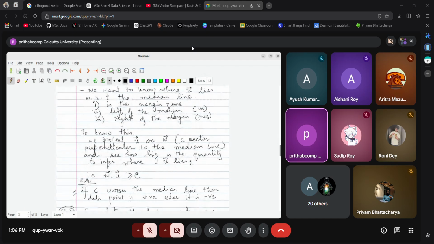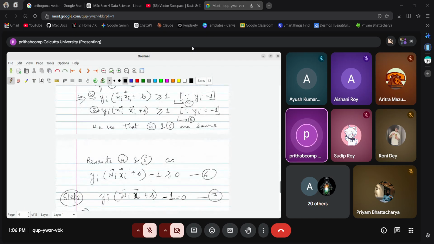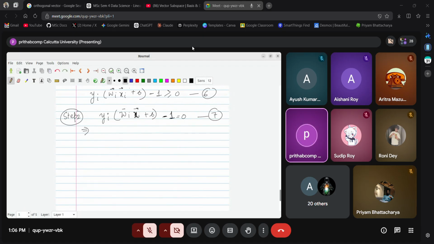So for understanding, we can write down that samples P1, P2, P3 satisfy equation 7, but not P4.